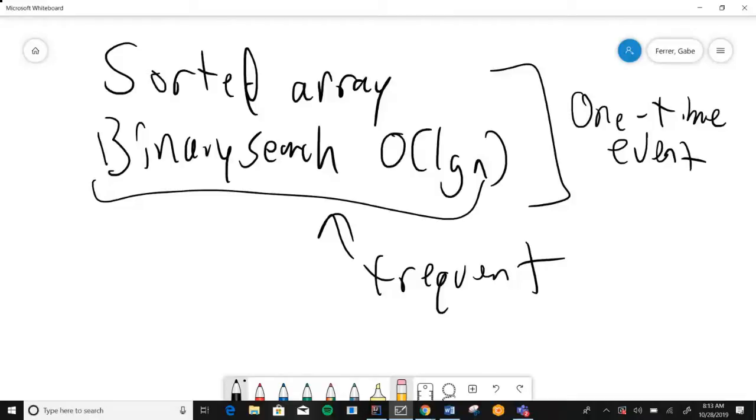We need to have some kind of a means of maintaining data in a sorted, ordered way that allows for a binary search type lookup, but doesn't require us to sort the whole thing over and over again.